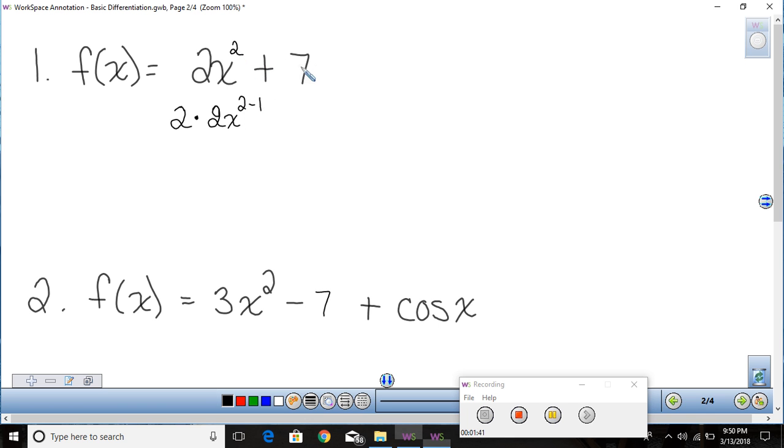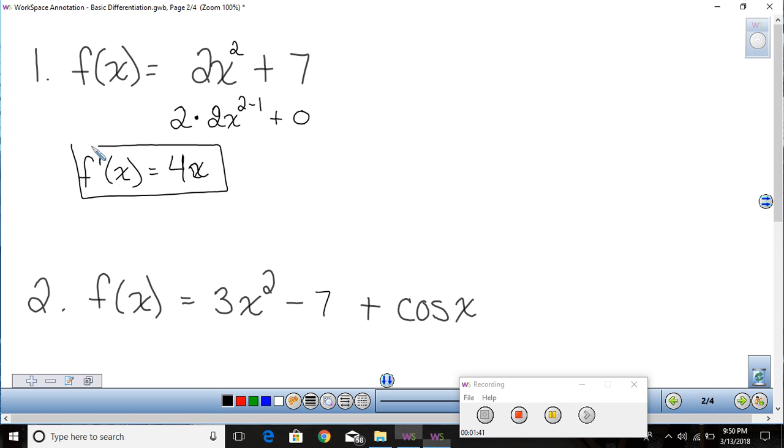Then I've got the derivative of this number at the back. The derivative of just a number is 0. So I'm going to finish this off. I've got 2 times 2 is 4, x to the first, I don't write the first, and then plus 0, so it's just 4x. So f prime of x is equal to 4x.